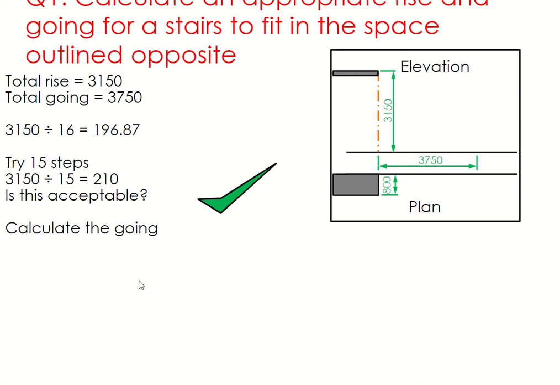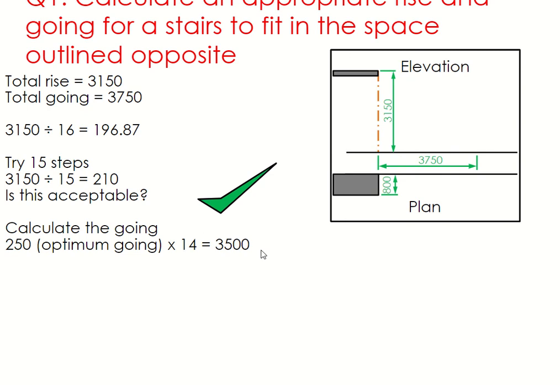That's why I've multiplied this by 14. If I went with 16 steps, I would have multiplied the going by 15. It's always just going to be one less than whatever amount of steps you're going with.